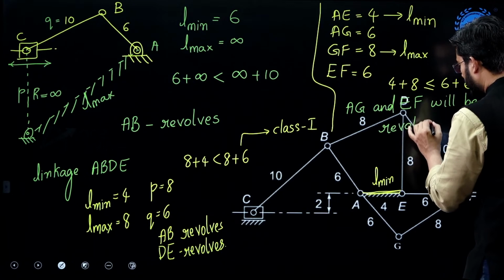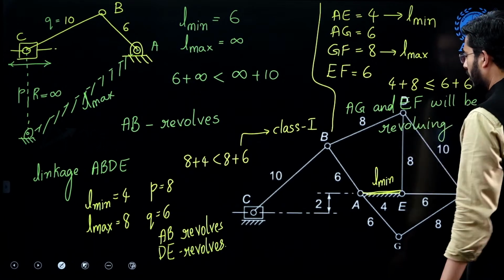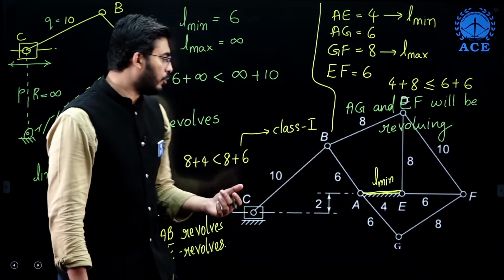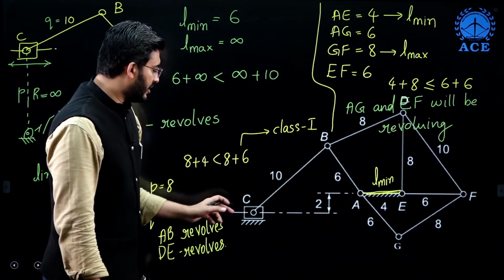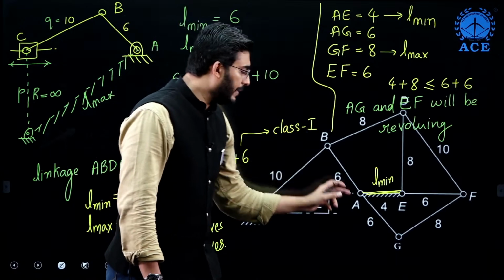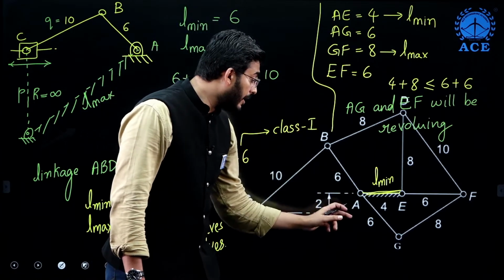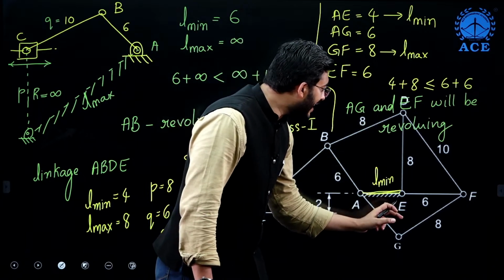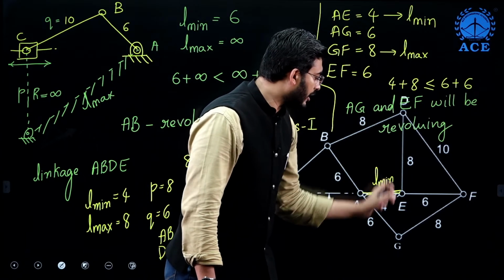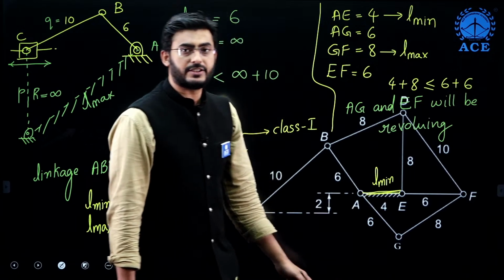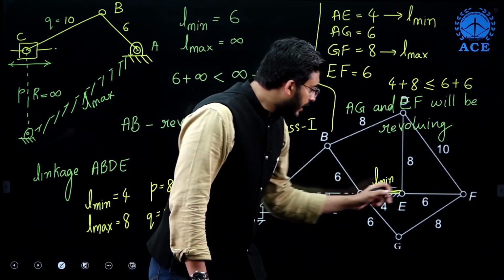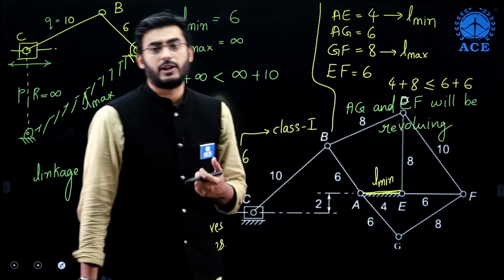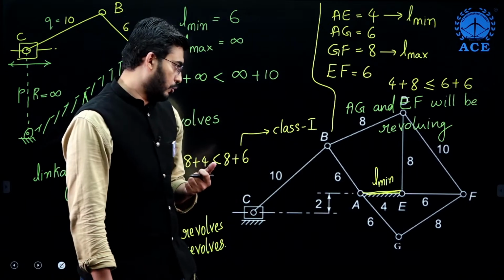So here we are able to identify how many links are going to complete circular motion. With AB as an input, AB will be completing circular motion, then ED will be completing circular motion. Similarly, EF also is going to complete circular motion, and AG will also complete circular motion.